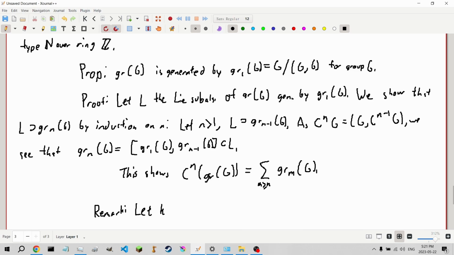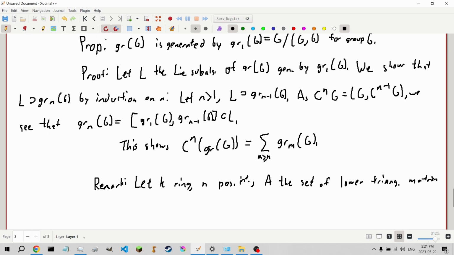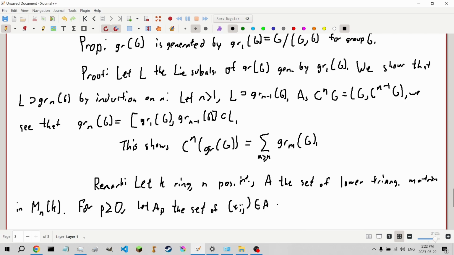Let K be a ring, n a positive integer, and A the set of lower triangular matrices, n by n matrices over K. For non-negative p, let Ap be the set of matrices xij in A such that xij is 0 for i minus j being less than p.